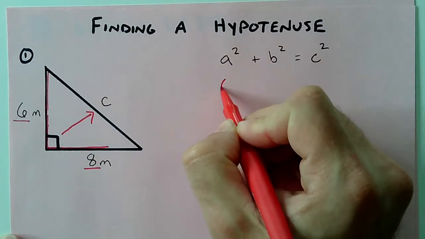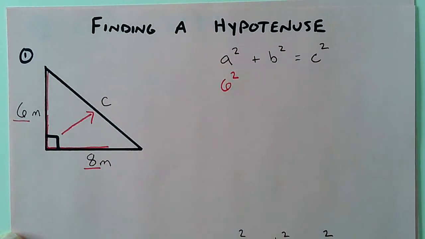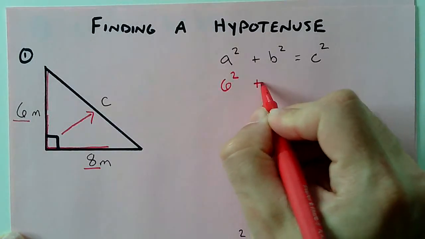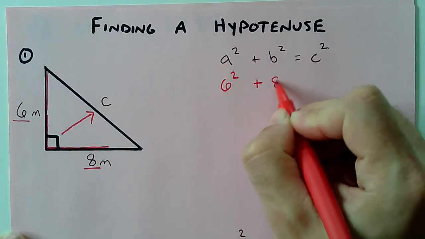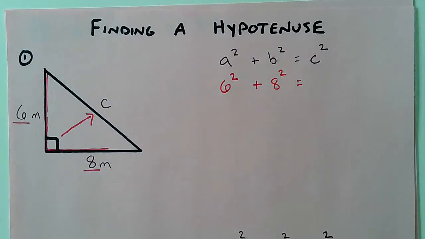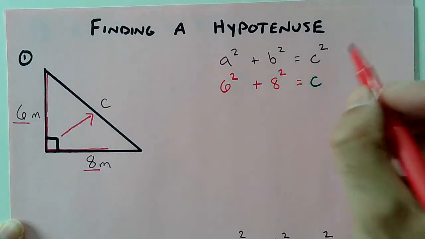So 6 squared. Now 6 could go in for A, it could go in for B. We talked about in the last video how A and B are interchangeable. I always like to just kind of go in order. 8 is B, so 8 squared, and then C, I don't know. So I'm going to keep it C. I can't replace it if I don't know what it is.